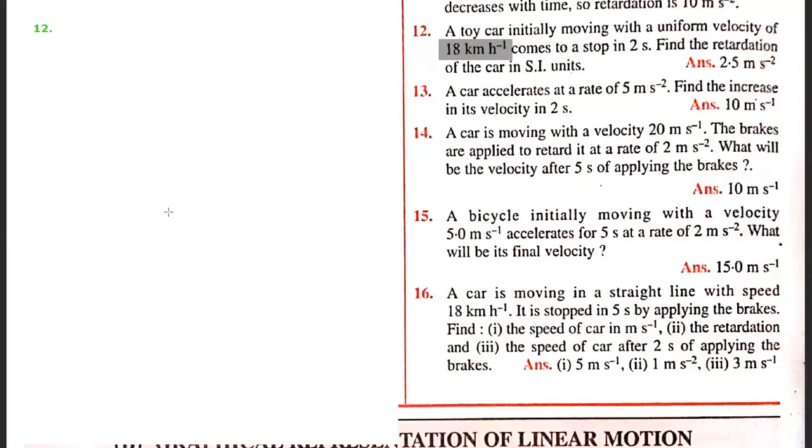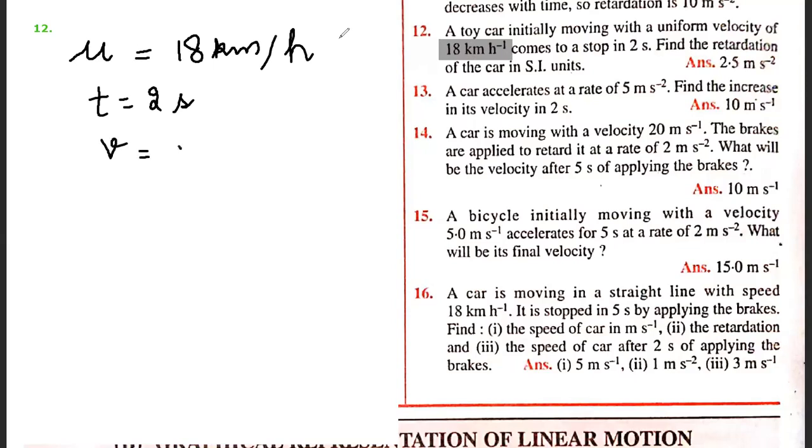Already moving with velocity means it is the initial velocity, which will be represented by small u. u is 18 km per hour and it comes to stop in 2 seconds. That means after a time of 2 seconds, it is coming to stop. Stop means final velocity is 0.